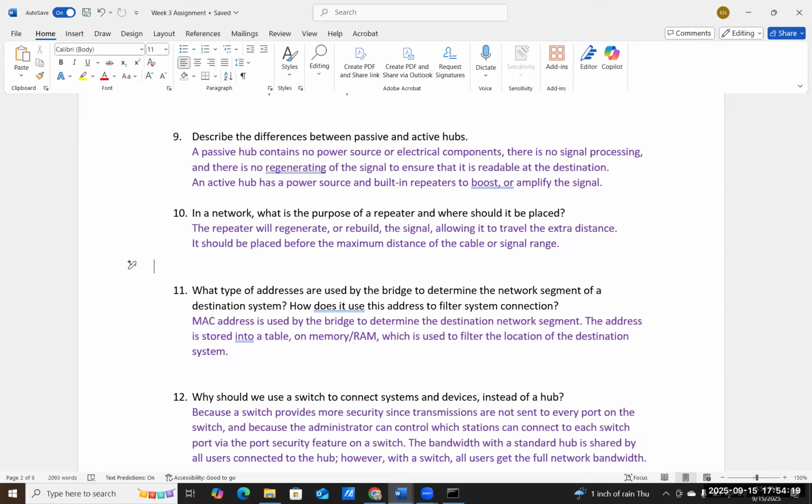And this table is used by the switch as a reference to see who's connected and who it's connecting to. So if I have switch 1 with switch 2, on this table, it's going to say switch 1 is connecting to the address of switch 2, and switch 2 is connecting to switch 1 and switch 3.